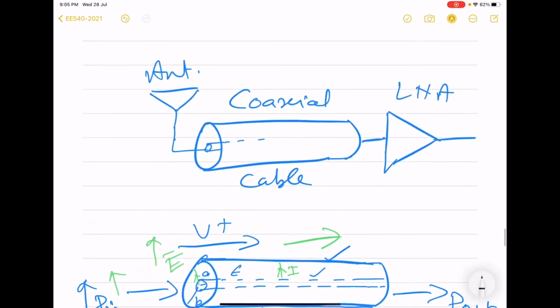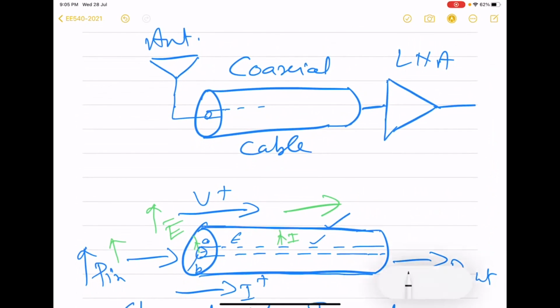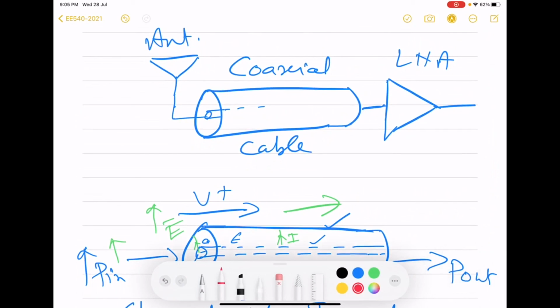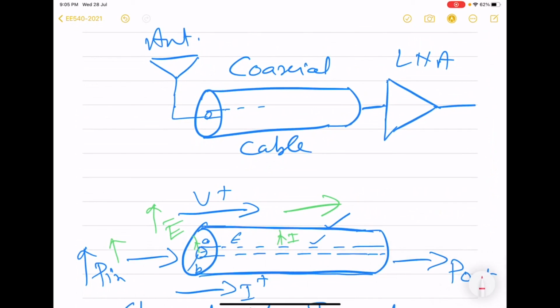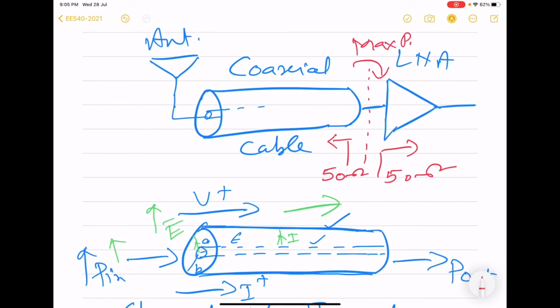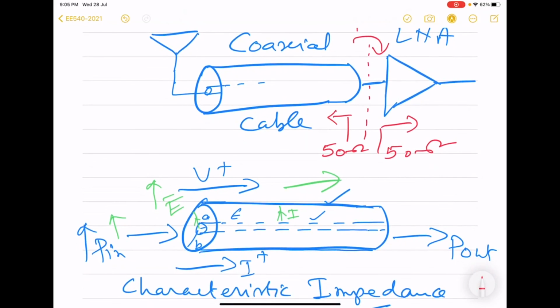Now the question comes of why all the impedances should be 50. Here you see that this coaxial cable will be characterized by characteristic impedance 50. So if at this interface we have an LNA which also has 50 ohm, then maximum power will get transferred from here to the LNA, and when the two impedances are the same, there will be no reflection also.